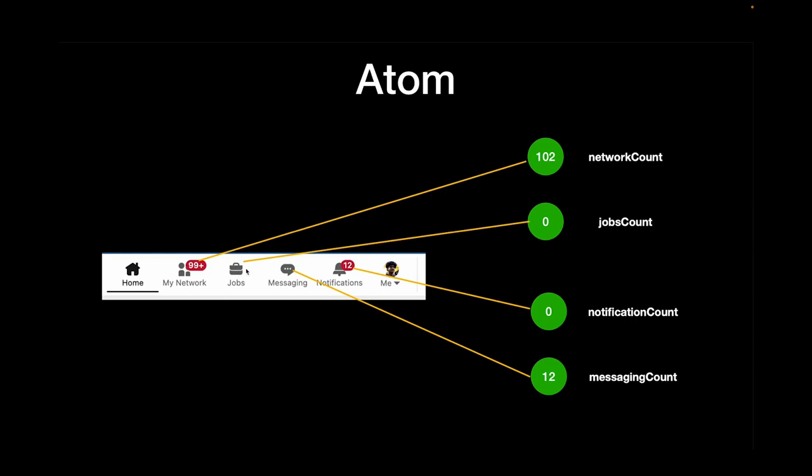Similarly, this is 0 and we can write the logic that if there are 0 notifications, don't show a bubble here, and this is 12. These should be flipped, but you get the idea. 12 should be here, 0 should be here, and this represents the notification count. And these are the 4 atoms that I will create for my React application.